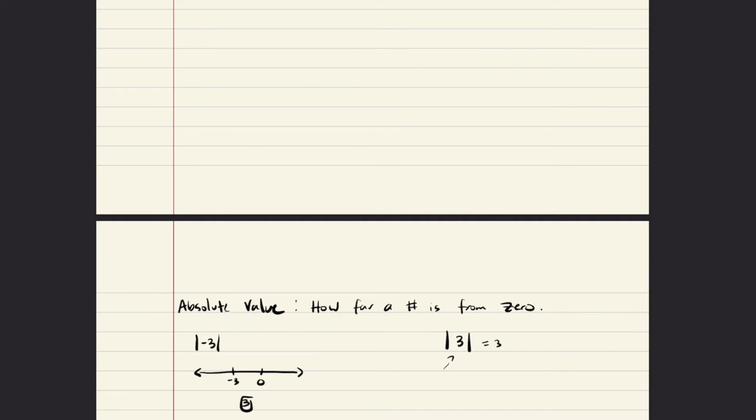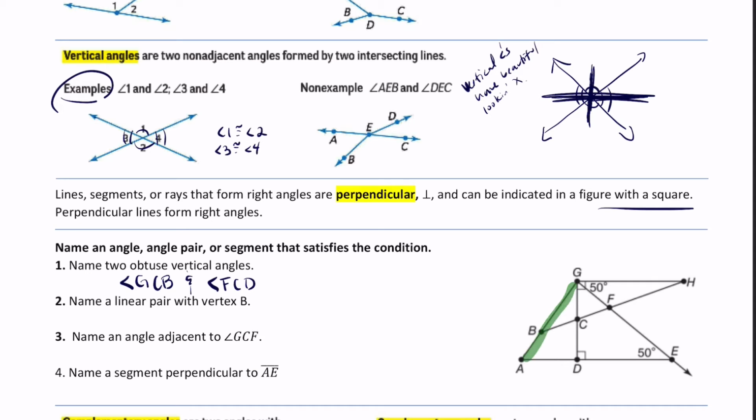So we can go ahead and name these two. The vertex again is B, so when we're writing this, B has to be in the middle. We can say angle G, B, C, and what's the other angle? B has to be in the middle, so we can say angle A, B, C. And there you go. That's how you name them.